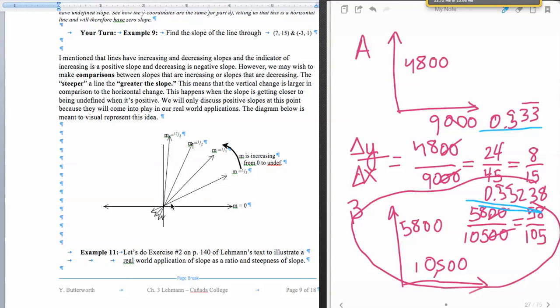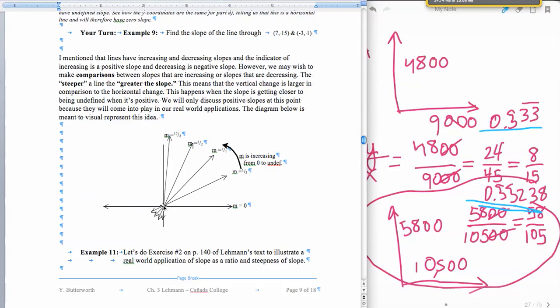And so here's our unit ratio of 1, and we have a 0.533 and we have a 0.55238. And so as we see, that would be something along these lines, right? We have something over in here at 0.533, just a little over a half, and then the 0.5523 is a little bit bigger than that.